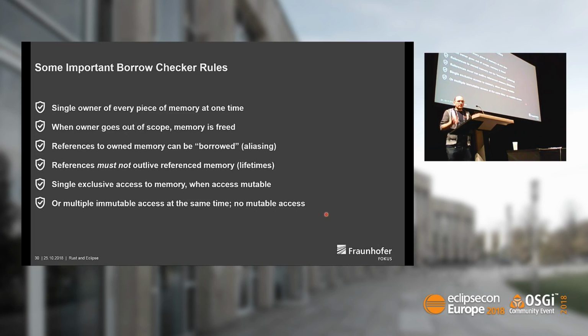these prevent data races. So there is no data race in safe Rust, all right? Let's define a data race: if you have multiple concurrent accesses to a piece of memory, and at least one is mutable, you may have a data race, all right? So at compile time, Rust ensures that there are no data races.